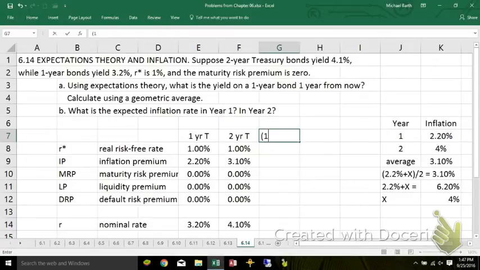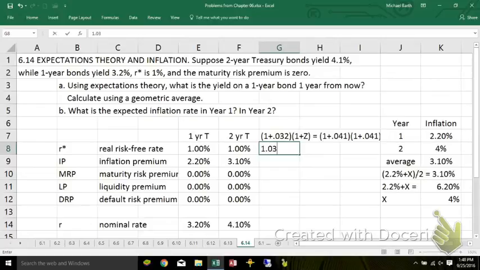So that'd be 1 plus 0.032, 1 plus the interest rate you get this year, times 1 plus Z, the interest rate you're going to earn for 1 year in the future. That has to be equal to 1 plus 0.041 times 1 plus 0.041. That's your geometric average.